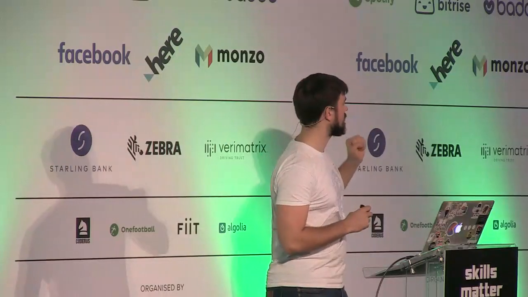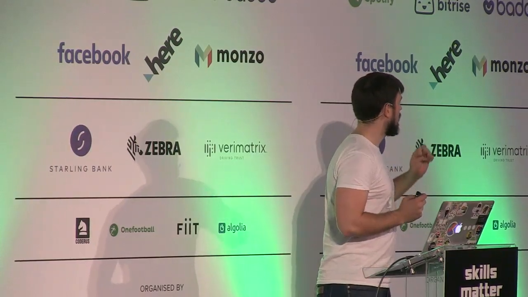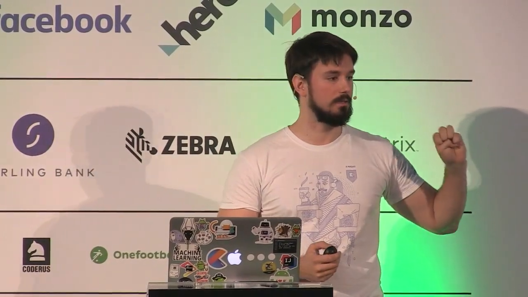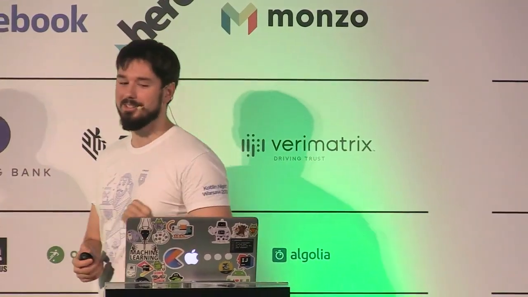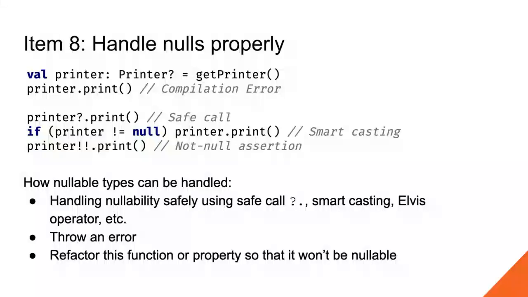We cannot just call something on a nullable type. We need to either use something like safe call, smart casting, or not null assertion. There are generally 3 key categories how we can handle nulls. We can either handle them safely, we can throw an error, or we can just refactor to avoid this nullability if it is not expected.